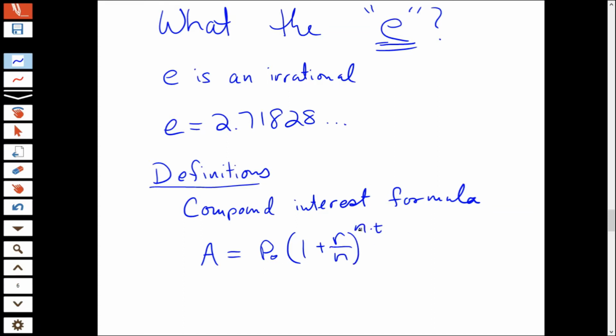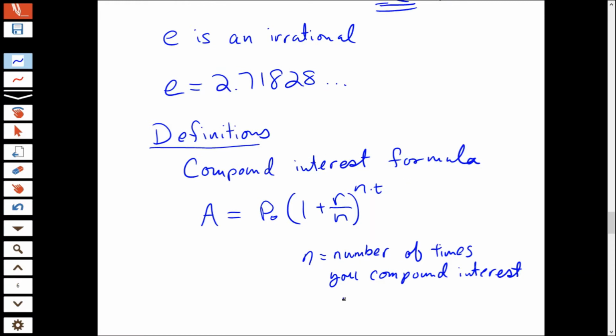Now, this is just an alternate form of simple interest where n represents the number of times that you might calculate and add interest into account. The number of times, we actually call that compounding. The number of times you compound interest in whatever time period t represents.